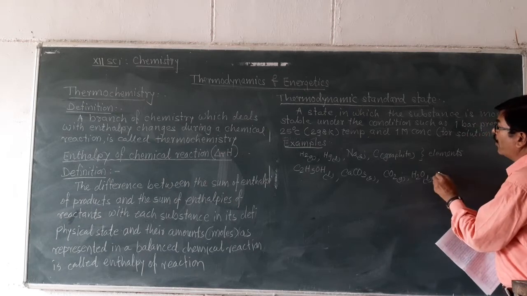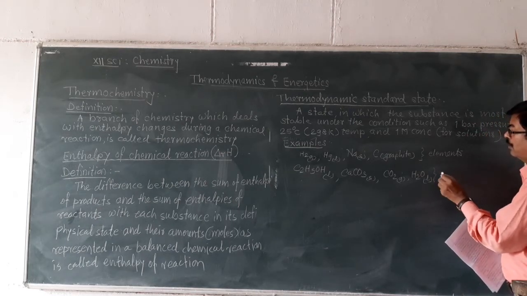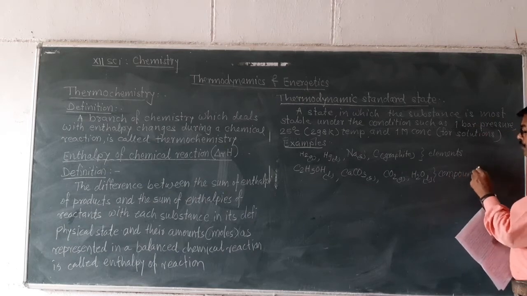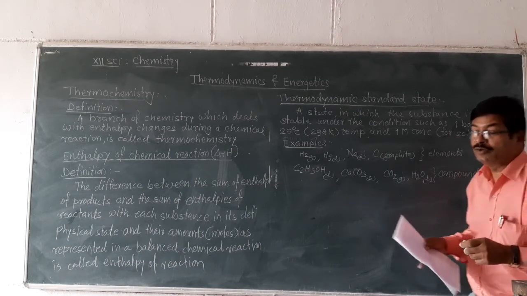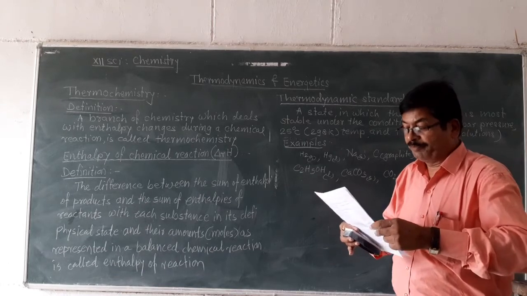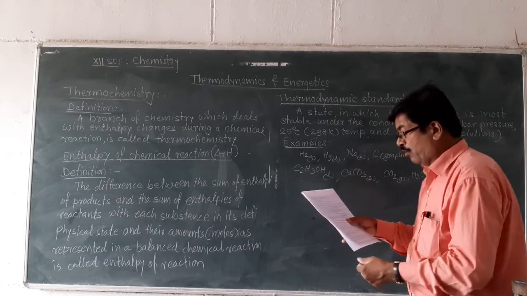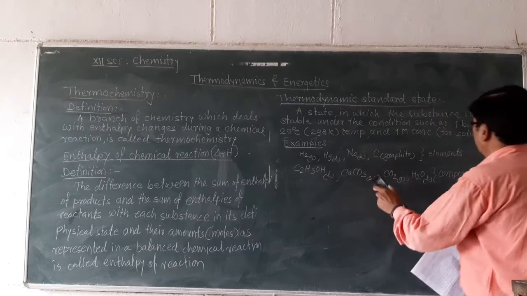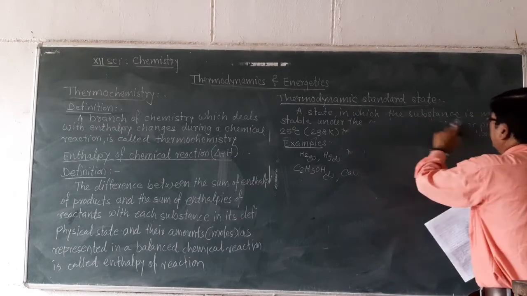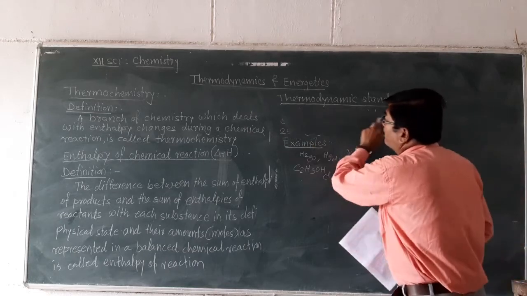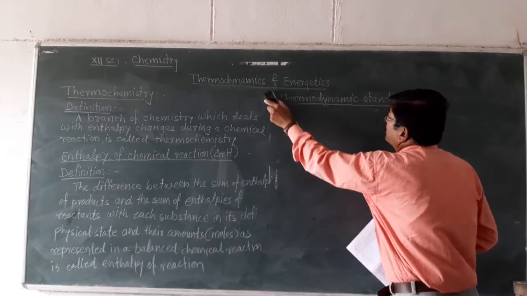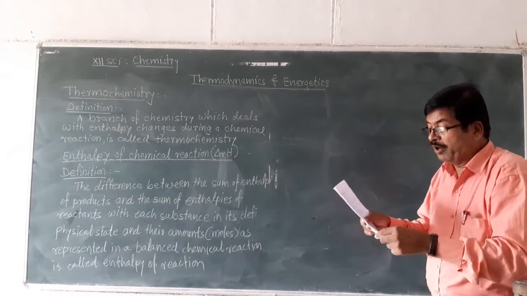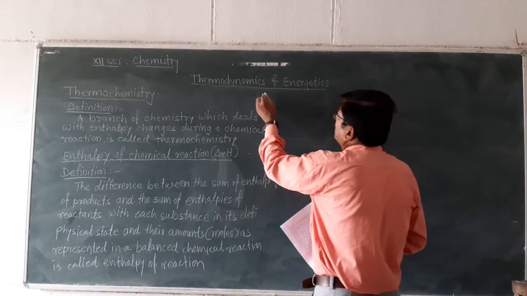These are compounds in their standard physical states at 1 bar pressure and 298 Kelvin temperature. Now we have to discuss standard enthalpy of a reaction. By following these standard conditions, you can define and explain standard enthalpy of a reaction.